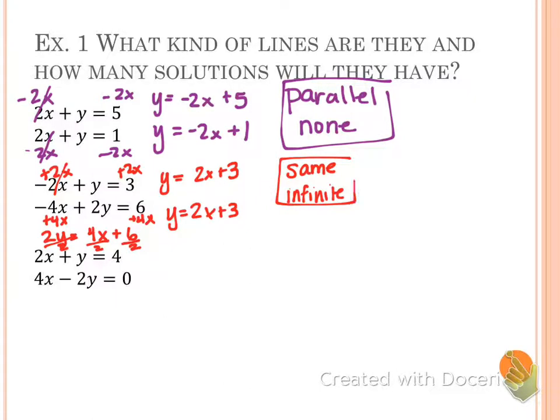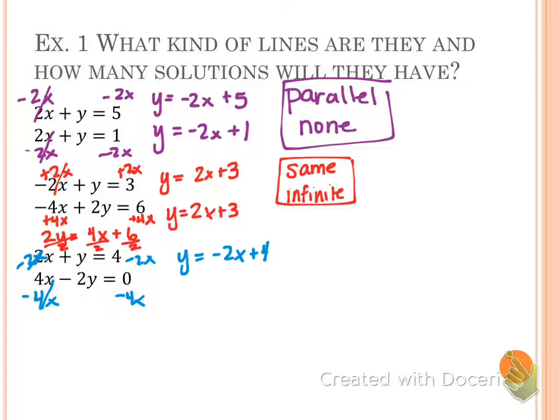All right. Now let's do the next one. Elizabeth, what would I need to do first in this next set of equations? You subtract 2x. Very good. Subtract 2x first, which cancels out. And I get y is equal to negative 2x plus 4. Jason, what would I do to this next equation? Subtract 4x. Now you say, wait a second, it has a 0 over there.